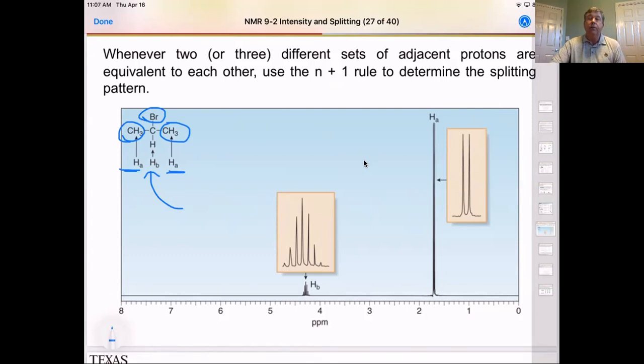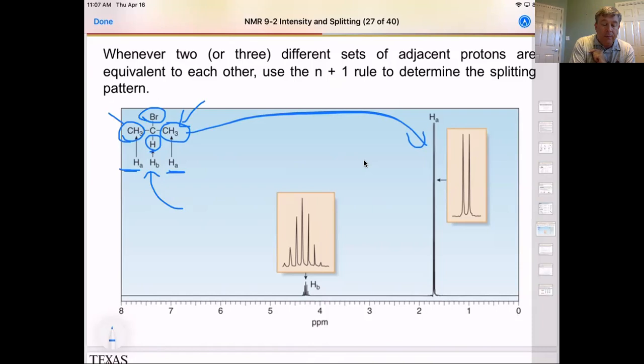But since those are equivalent, those 6 hydrogens on the methyl groups here count as 1 peak because they are equivalent hydrogens. And those equivalent hydrogens are only next to 1 hydrogen. So that means those equivalent hydrogens are going to be split by 1 hydrogen, giving us a total of a doublet, okay? Which means these methyl groups give us a total of this doublet here, okay?